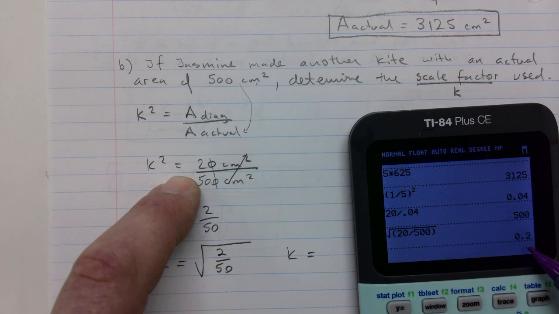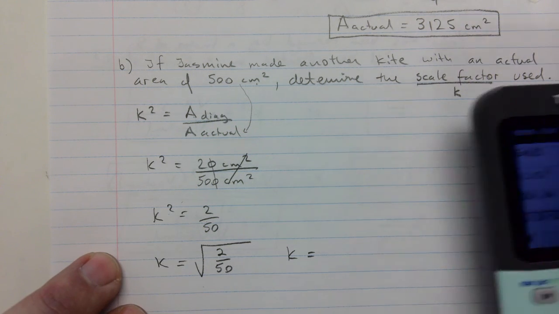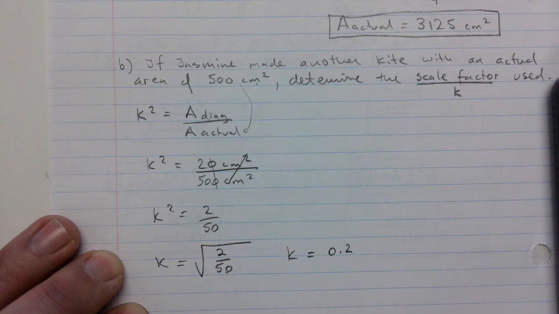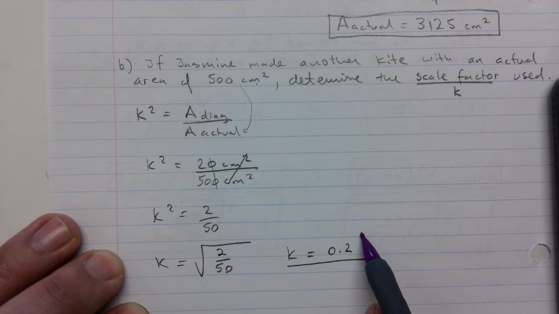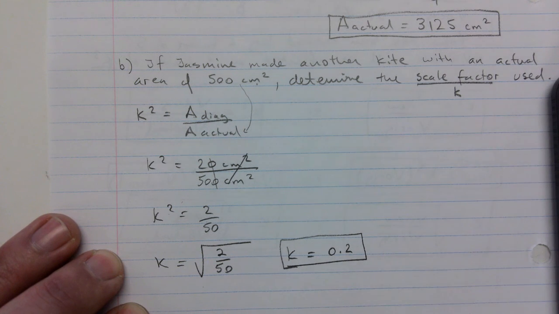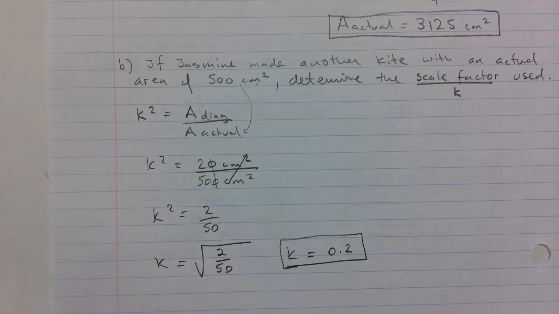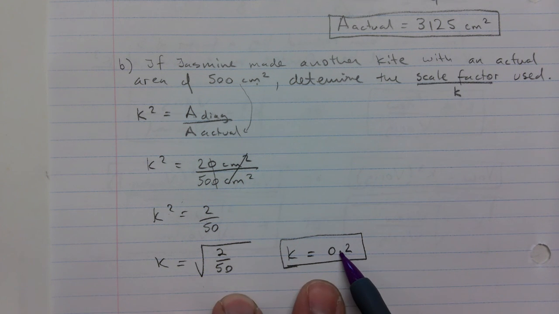And then that's 0.2. 0.2, and it's okay to state your scale factor as a decimal. There's nothing wrong with it. Okay, so that's what happened there. You came up with a scale factor of 0.2.